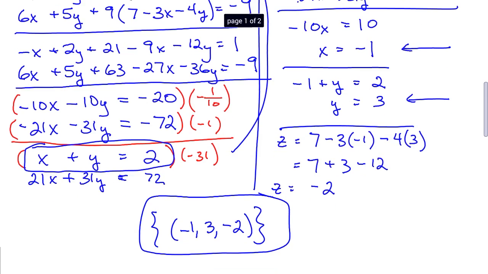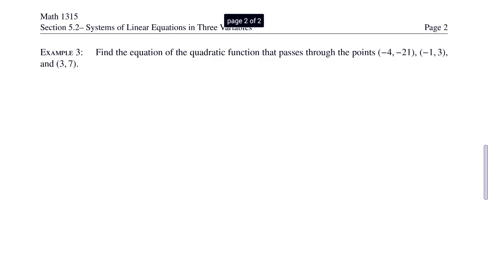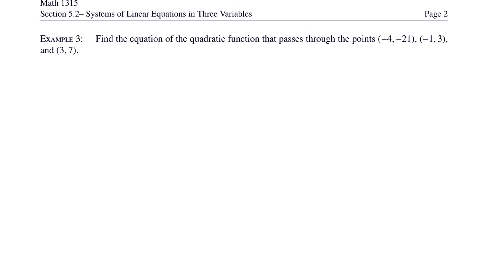All right, example 3. Find the equation of the quadratic function that passes through the points -4, -21, -1, 3, and 3, 7. So your basic quadratic function looks like the following. Y equals ax squared plus bx plus c.